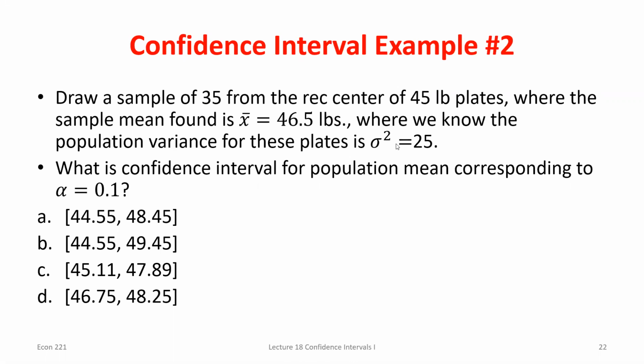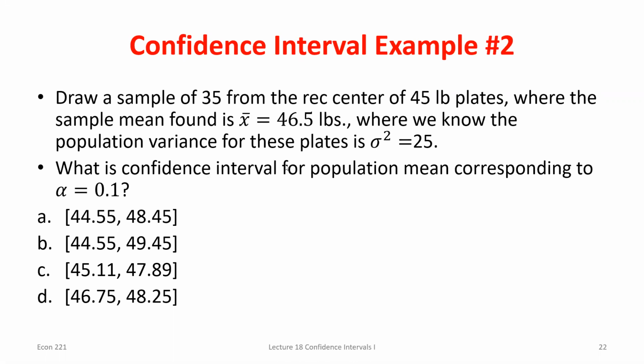Let's say I look up the company, and they claim based off their machinery that their population variance is 25, right? Because they use multiple types of metal, it doesn't all get mixed up the same. Every pour into the mold is a little bit different. So we have our population variance, our sample size, our sample mean.